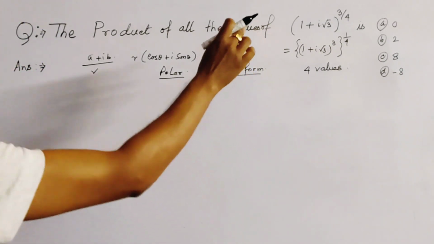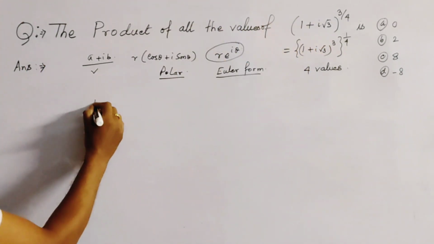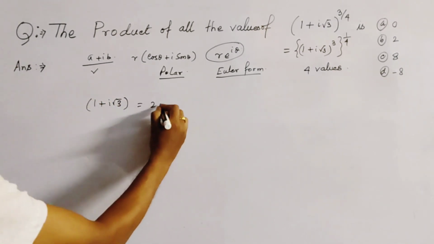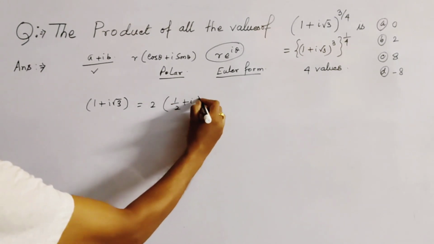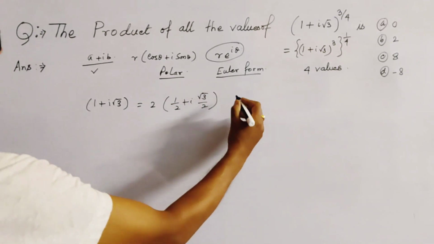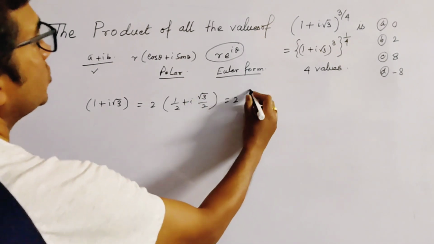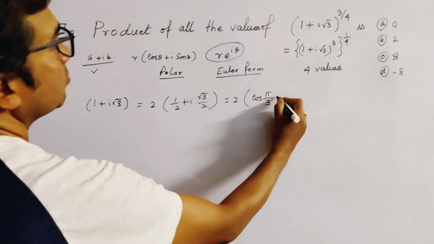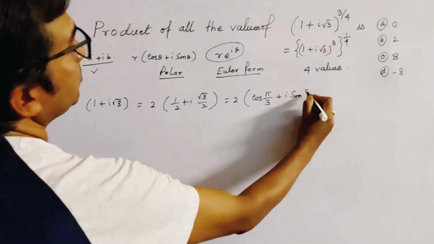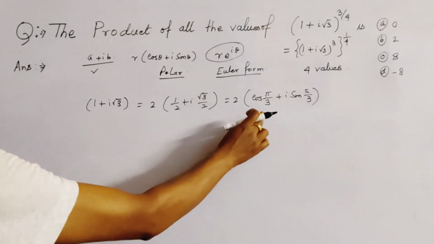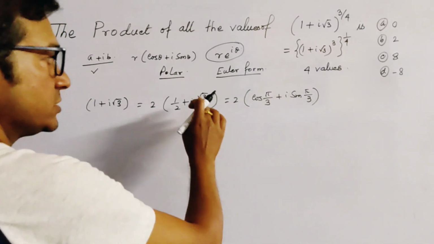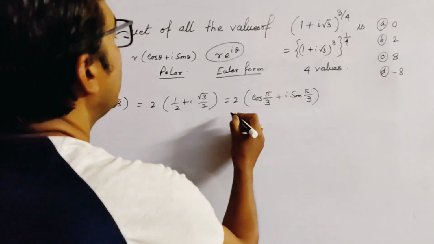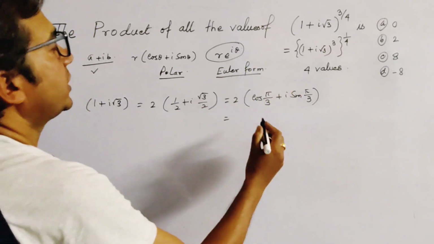Right? Now write this complex number 1 plus i root 3 as 2 into (half plus i into root 3 by 2), and we write 2 into (cos pi by 3 plus i sin pi by 3), because cos pi by 3 means half and sin pi by 3 means root 3 by 2.